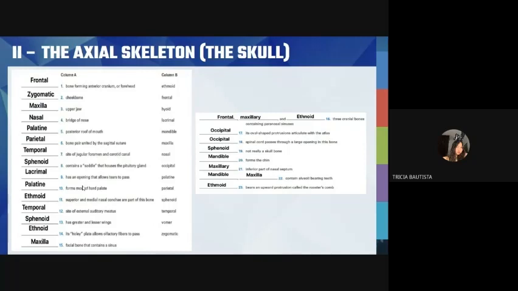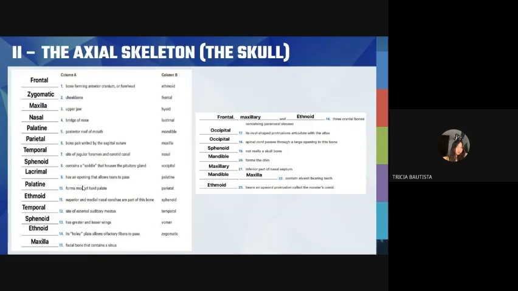It is the frontal, maxillary, and ethmoid. Number 17, its oval-shaped protrusions articulate with the atlas. It is the occipital. Number 18, spinal cord passes through a large opening in this bone. Our keyword is occipital.